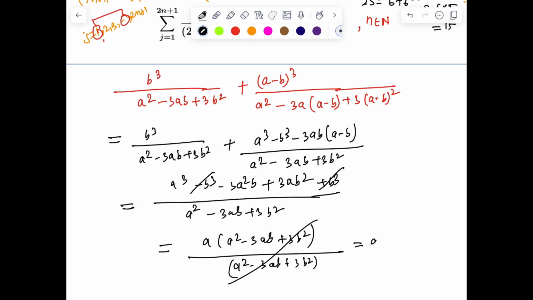So this gets cancelled, and that was really surprising, because once I take the LCM, you can see that the summation finally became a.